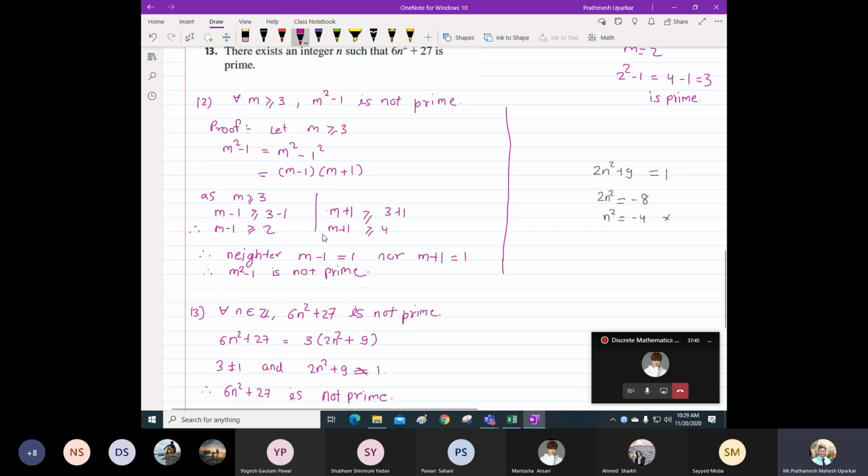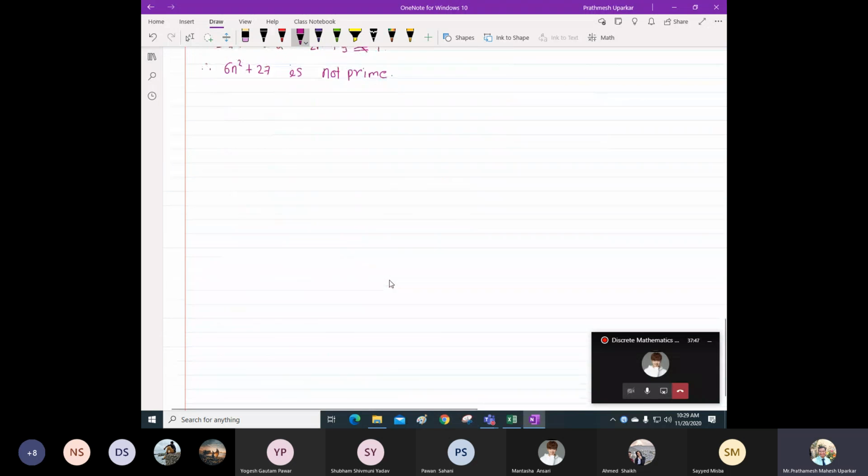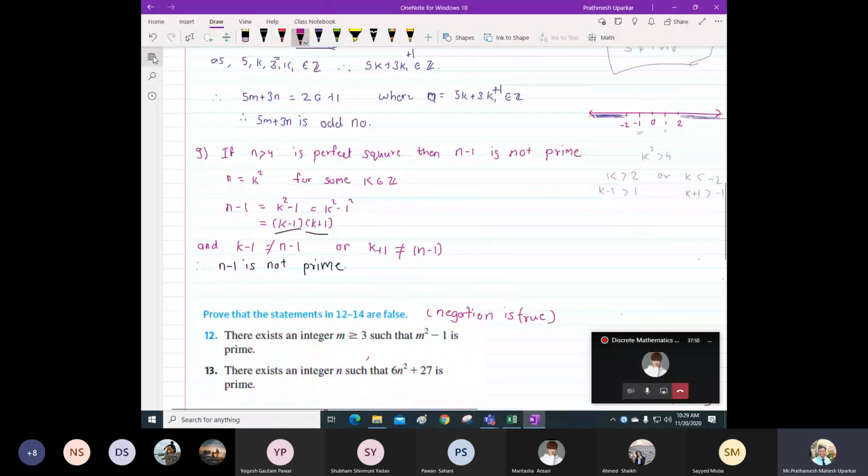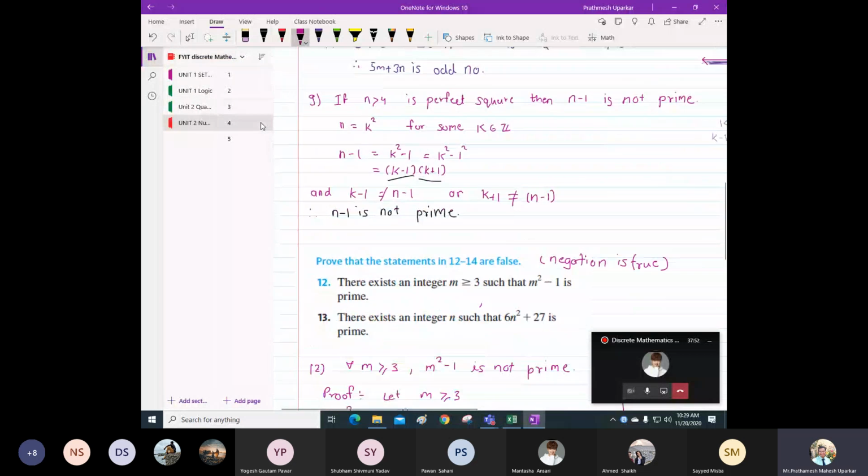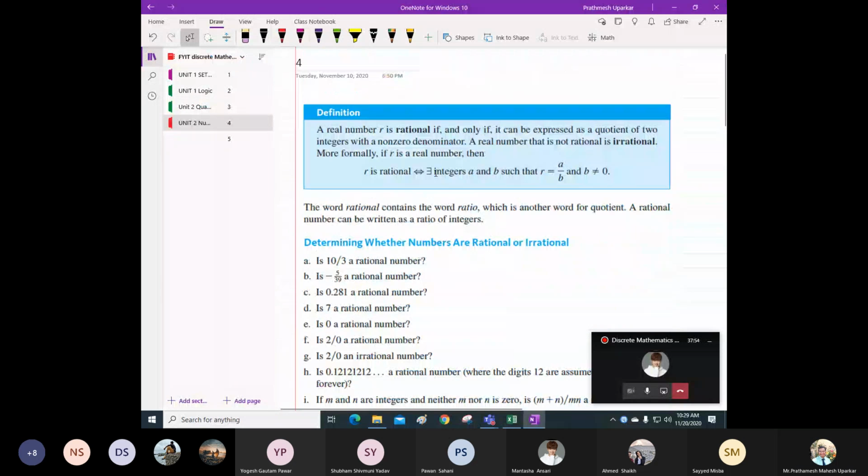So let us move further. कोई है क्या क्वेश्चन? नहीं, ठीक है. So this much is about your integers. Now we move on to the next concept, that is called rational numbers. We have already seen the rational number. Rational number का form क्या होता है?